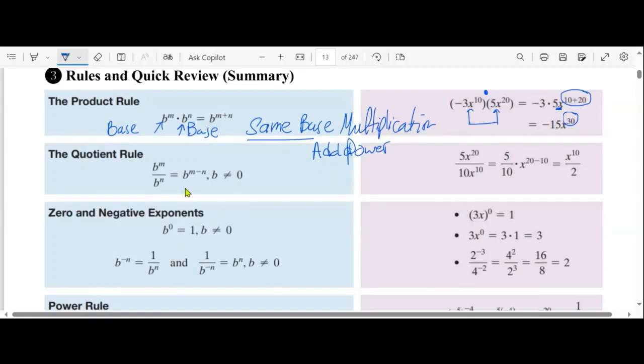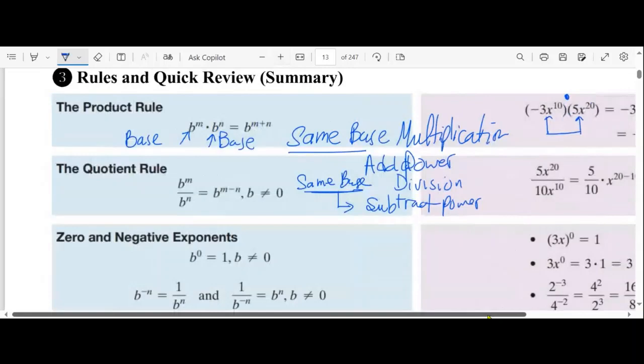So you get how much? 30. Now, if it's division, same base, division, what do we do? We take the same base and then we subtract the power. For example, here I have x and x, same base or not same base?